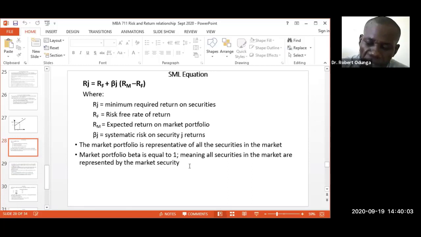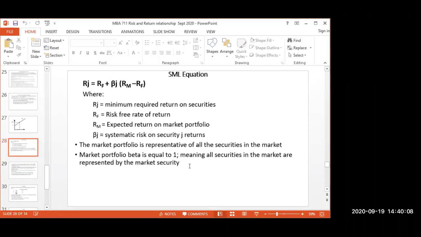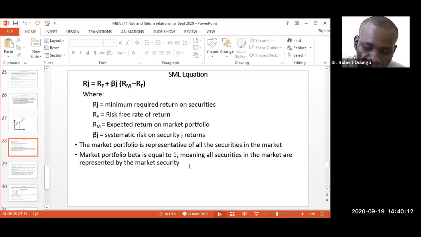Return of each stock, then we have to apply the SML formula.